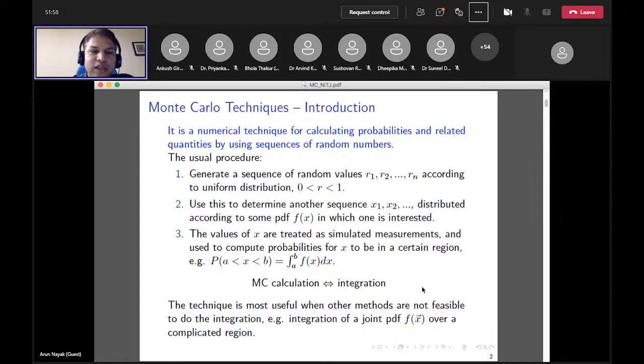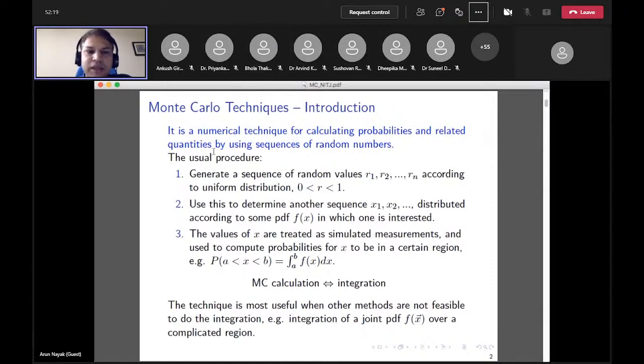So Monte Carlo technique is basically a numerical technique to calculate some probabilities and related quantities like mean, sigma, and all other quantities which are related to probabilities, using a sequence of random numbers.